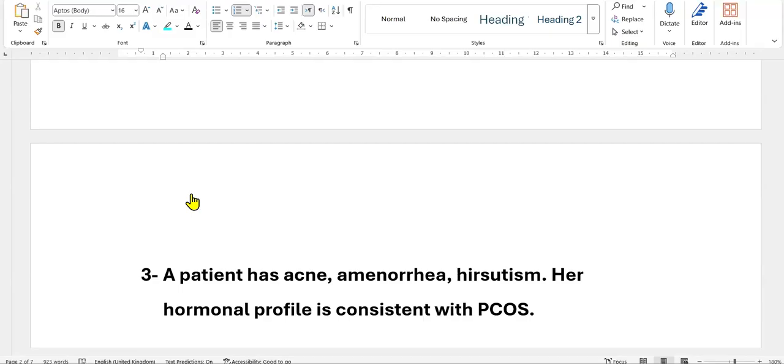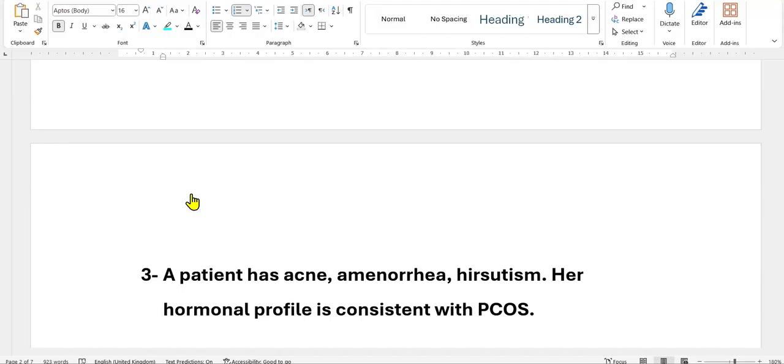Okay, so you tell her, because you have some symptoms like acne and you didn't get your period and other symptoms, and we have done some hormonal profile. The hormonal profile with the symptoms that you have are consistent. You can say consistent with or suggestive.